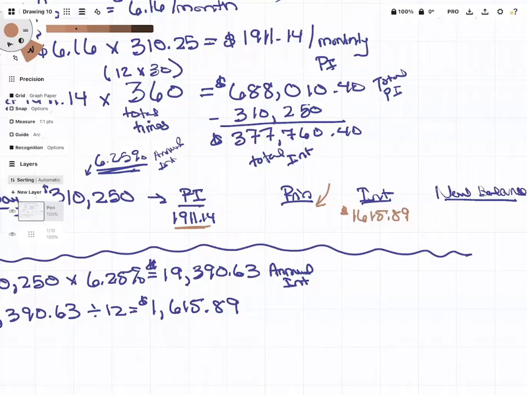We'll have to subtract it. Yep, there you go. 1911.14 subtract 1615.89 would be 295.25 in principal.